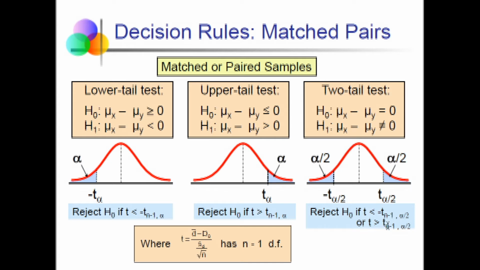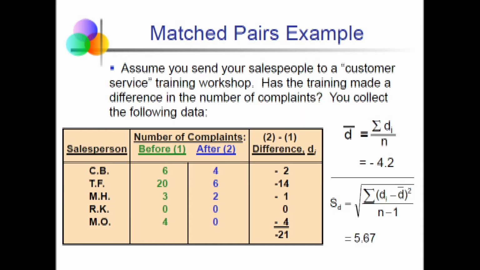Let's have our example. Assume you send your salespeople to a customer service training workshop. Has the training made a difference in the number of complaints? That is, the number of complaints before and the number of complaints after.